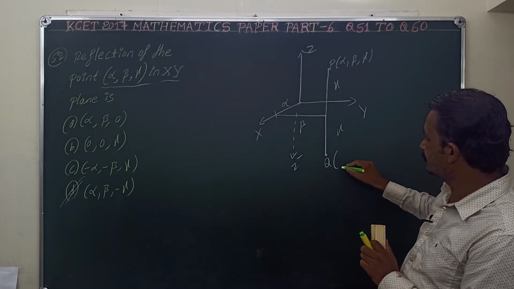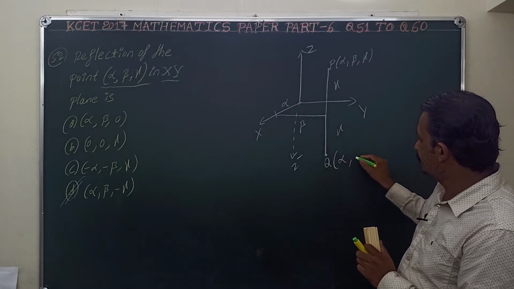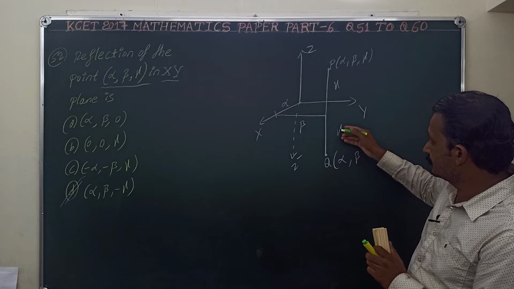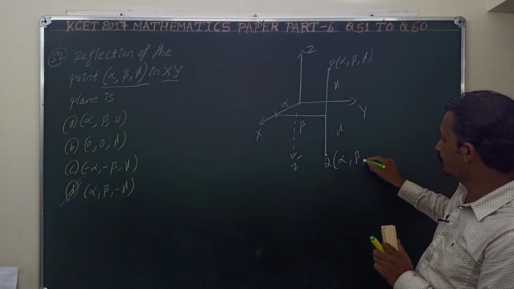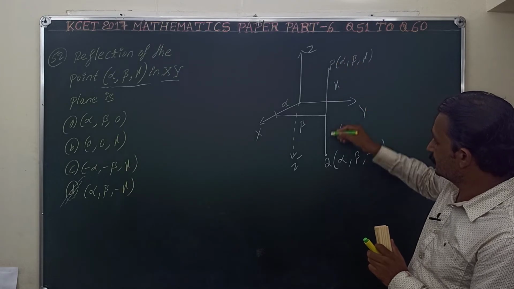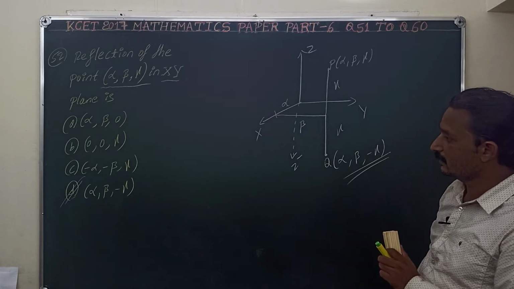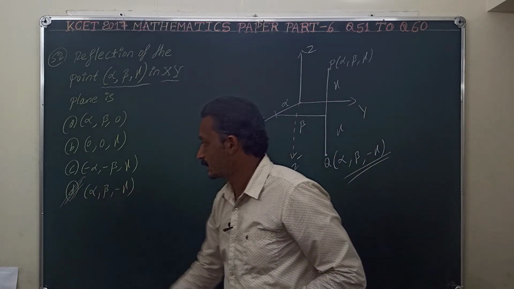Negative z-axis can be written as minus gamma. So this is the given point P, and this is the reflection point of P, the required point. So option D is correct in this case.